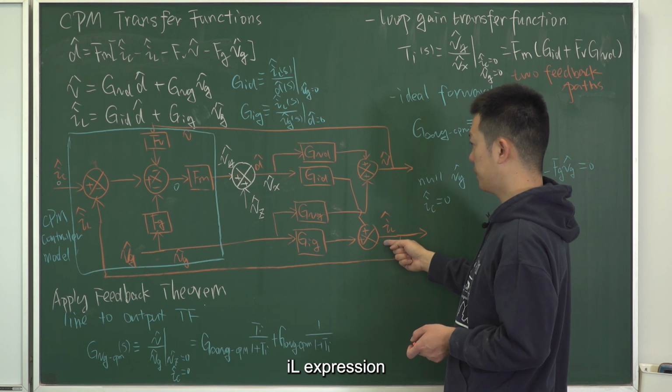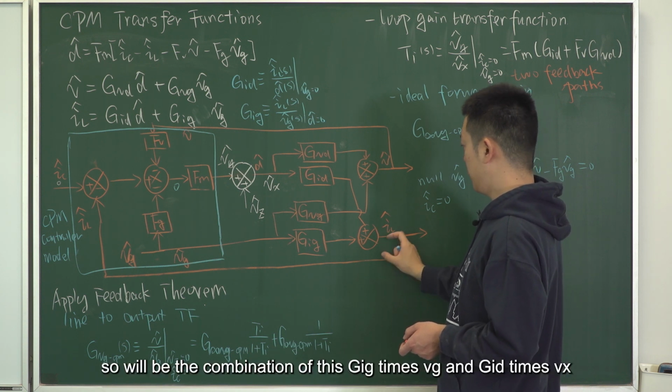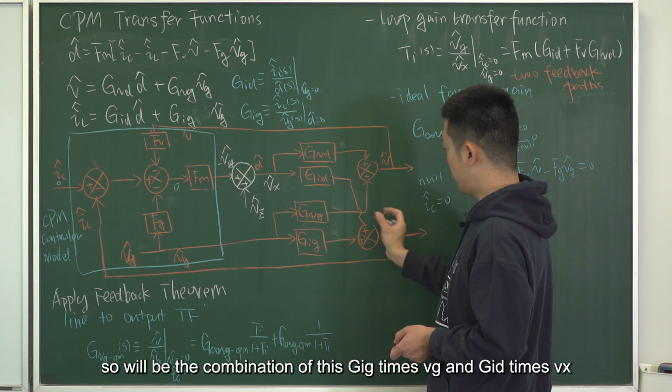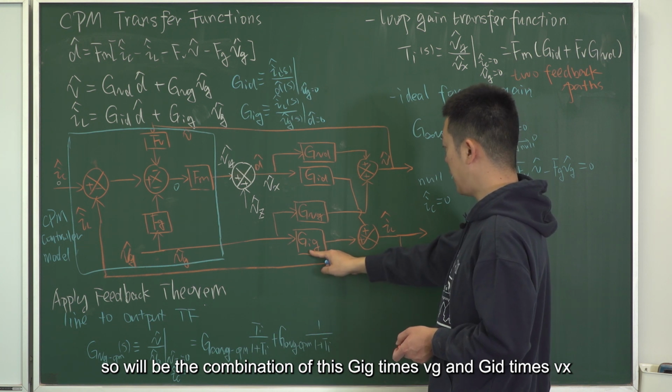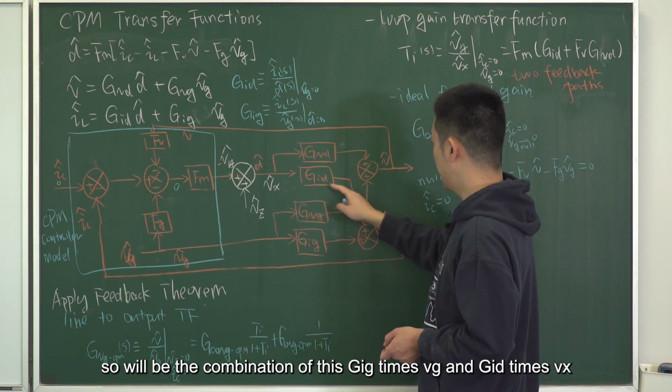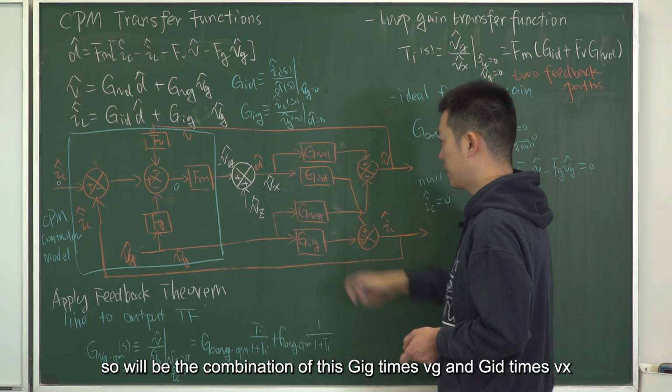It will be the combination of GIG times VG and GID times Vx.